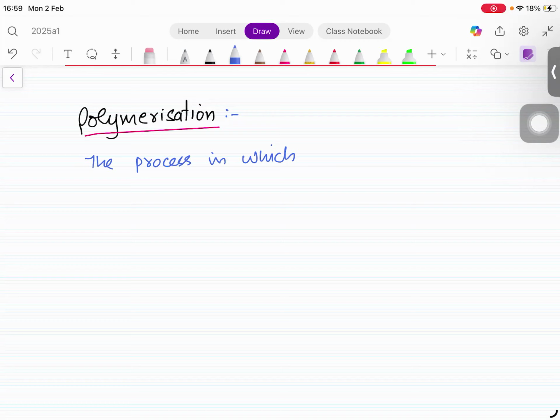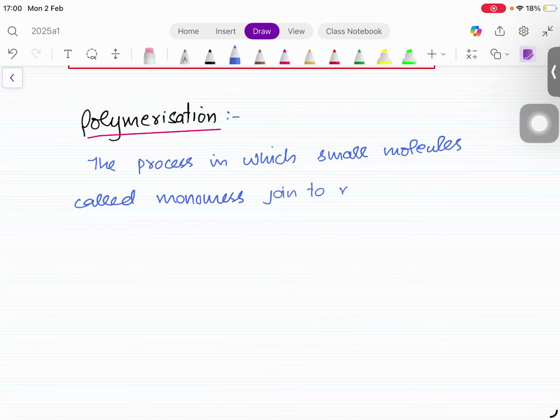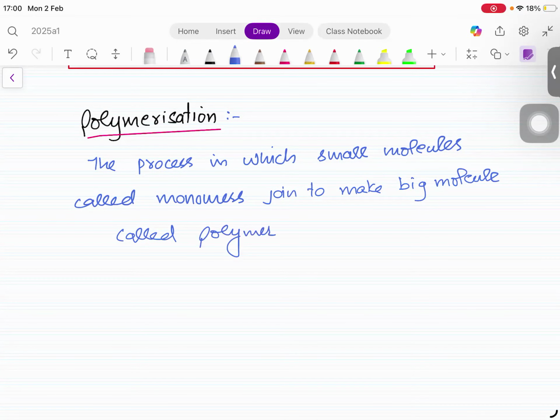The process in which small molecules called monomers join to make a big molecule called polymer.